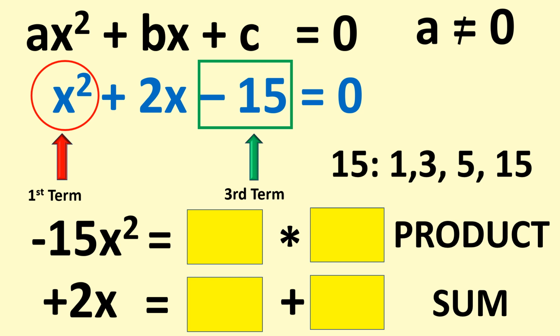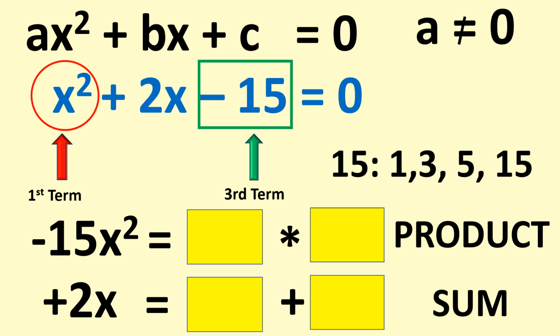So let's just look at 3 and 5. If we multiply 3 by 5, we have 15. But what we are specifically looking at is minus 15. So if we say minus 3 times 5, that gives us minus 15.